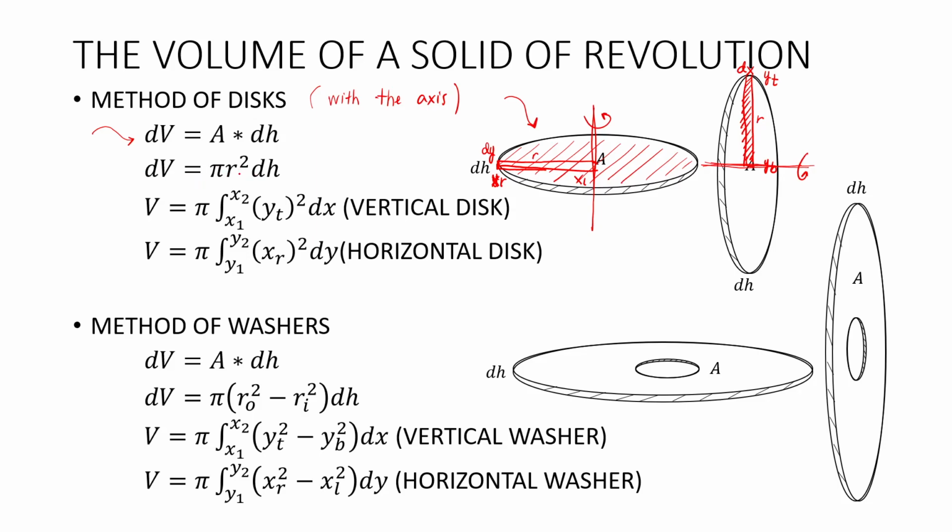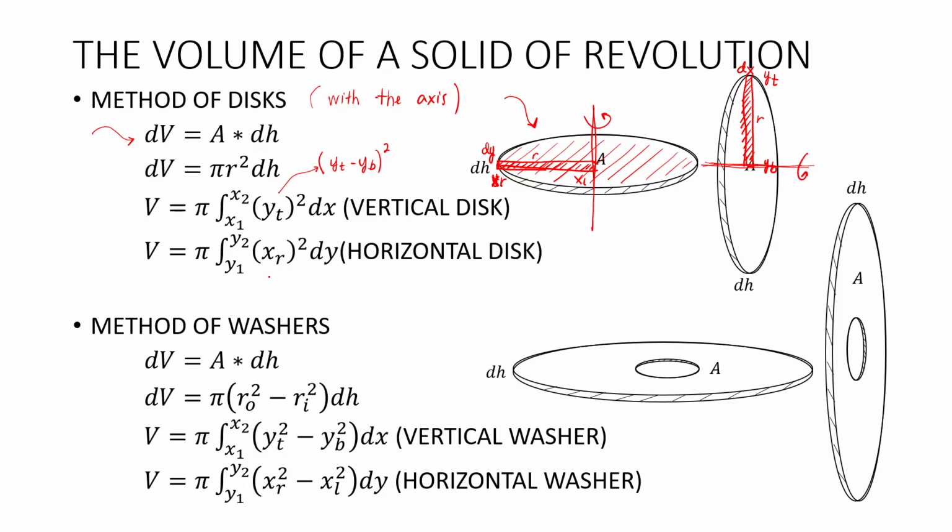We know that your radius is just the distance of the radius, that will be x right minus x left. And for the vertical strip, that will be y top minus y bottom. So this one is y top minus y bottom. And again, since your y bottom is 0, it's just y top squared.